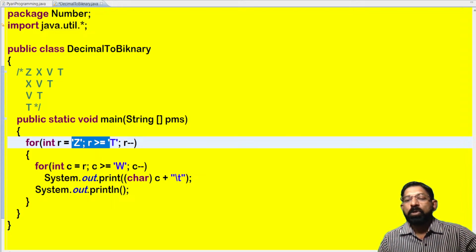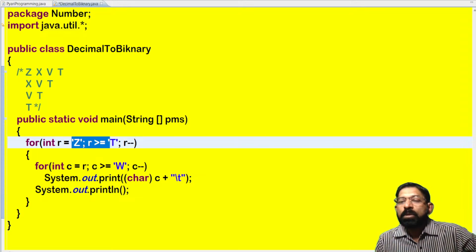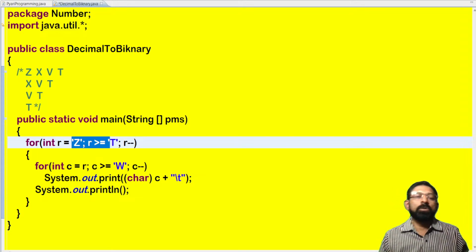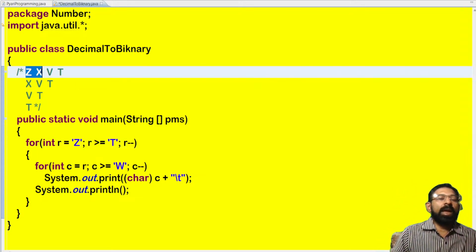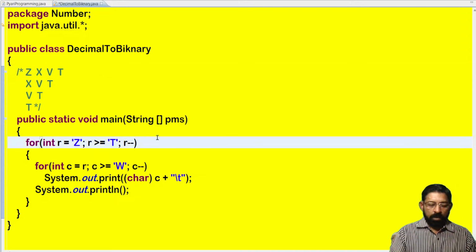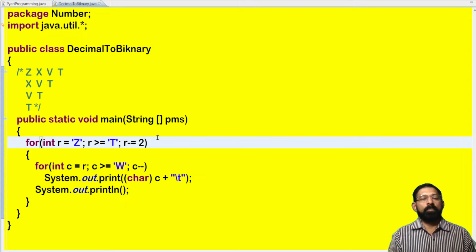I am just looking for the updation. R. Yes, Rajesh said R minus equals 2. Good. Because the gap between Z and X is 2, between X and V is 2, between V and T is 2. But it is in decreasing order. That's why it is minus equals 2.